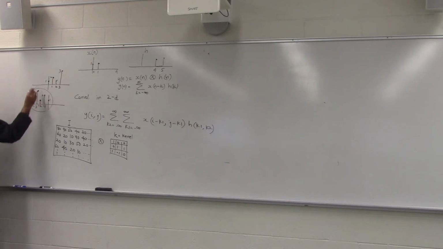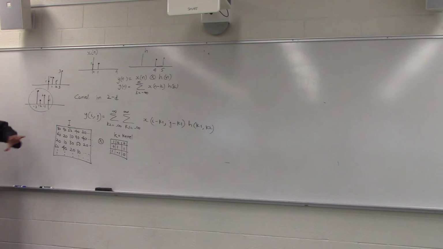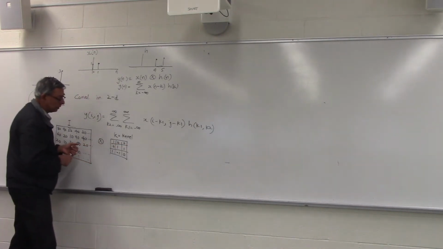So flipping is easy to do in 1 dimension, but the question is, if we have 2-dimensional data, then how do we flip before we start sliding and multiplying and accumulating it? Okay, and those of you who are in computer vision are very fluent with it.